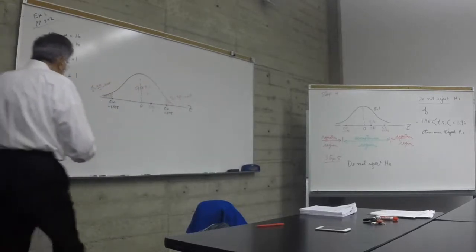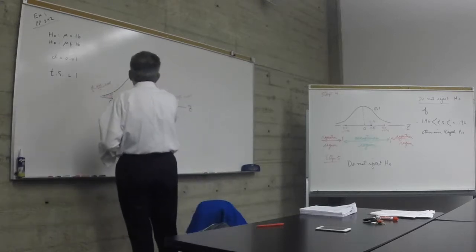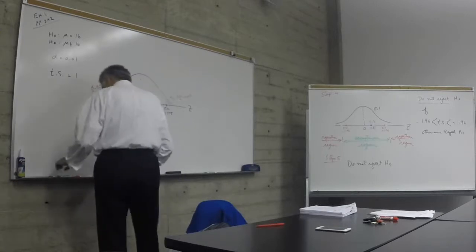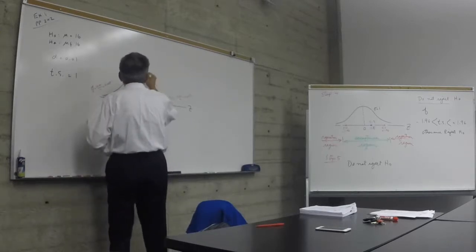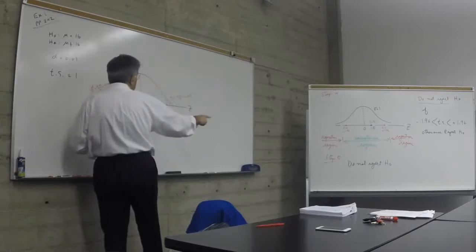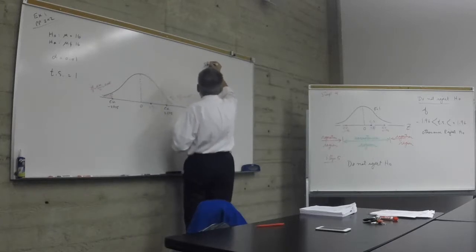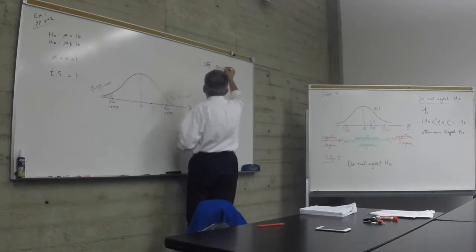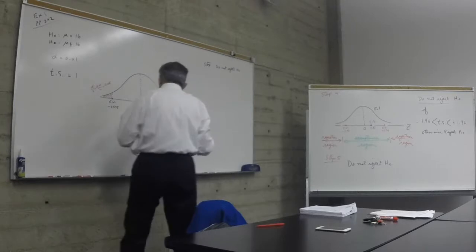Now, the concept of p-value is like this. We are going to figure out the highest alpha for which the result of the test changes, and remember for my test, step 5, I did not reject null hypothesis. My conclusion was that do not reject null hypothesis.